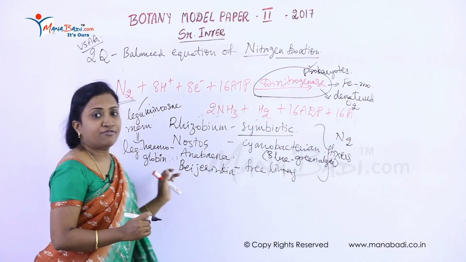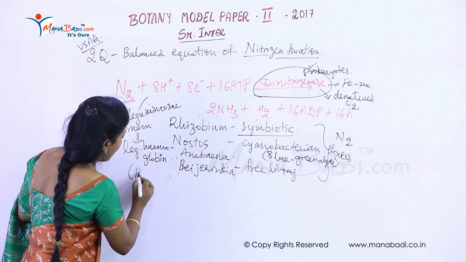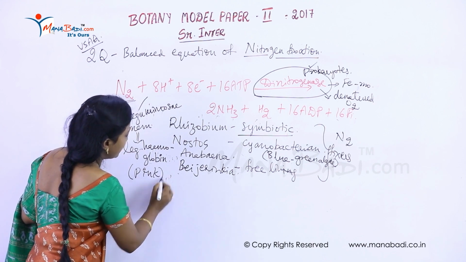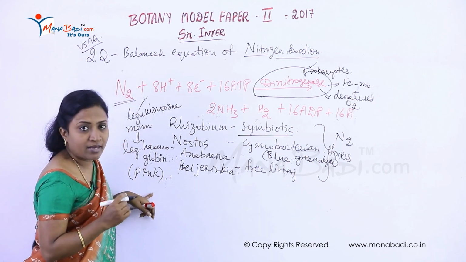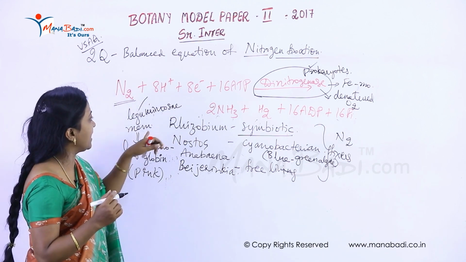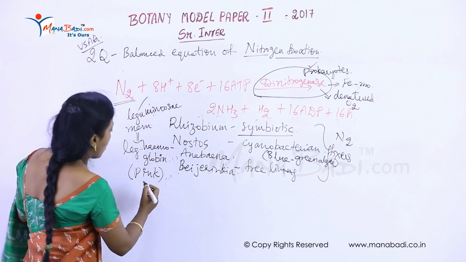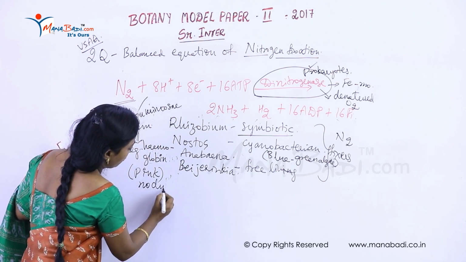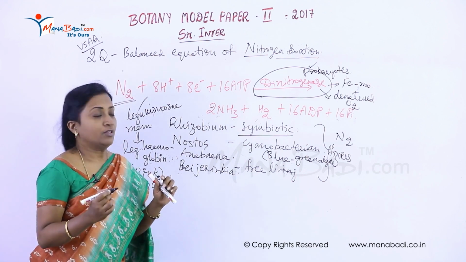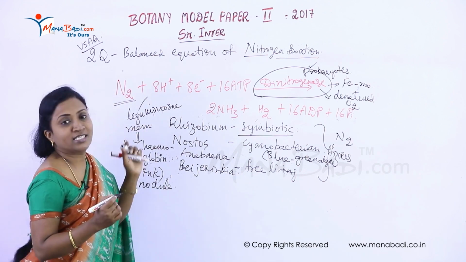Leguminous members have leghemoglobin. Leghemoglobin is a pink color pigment which is present in the root nodule of leguminous members.